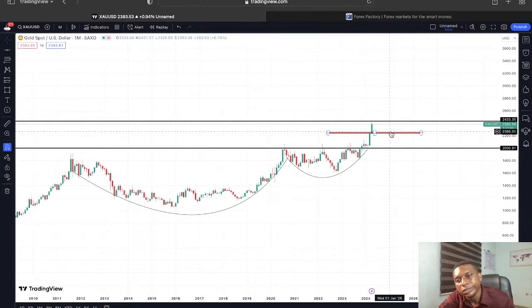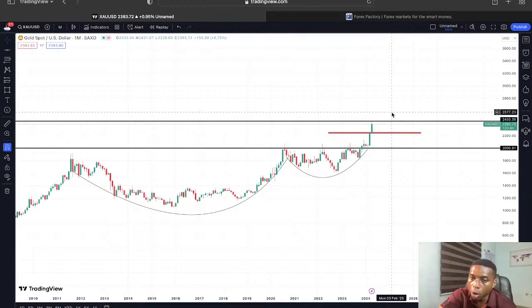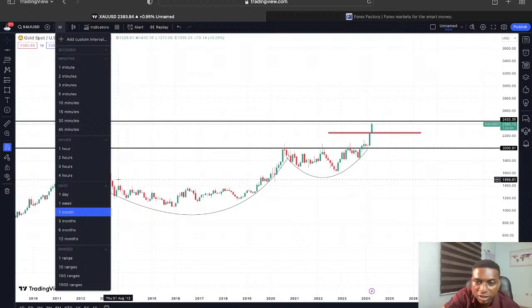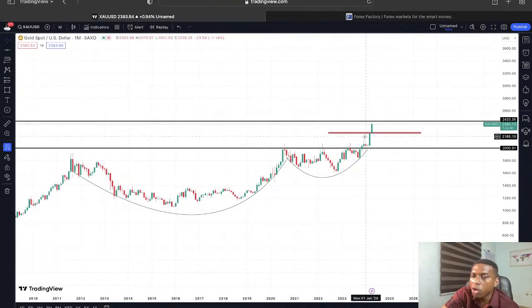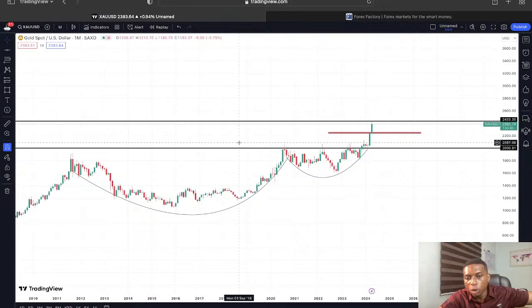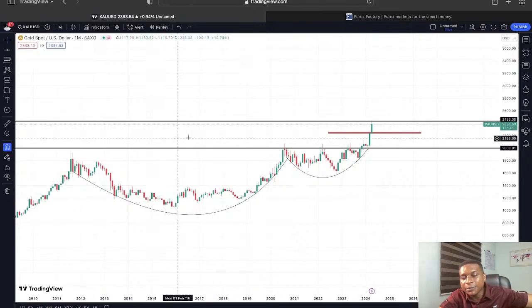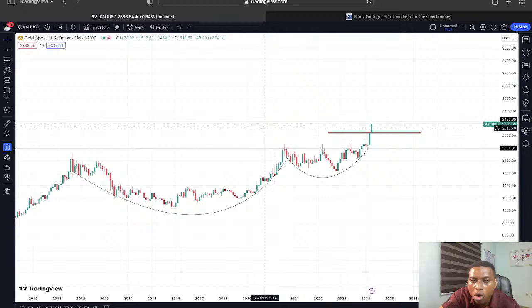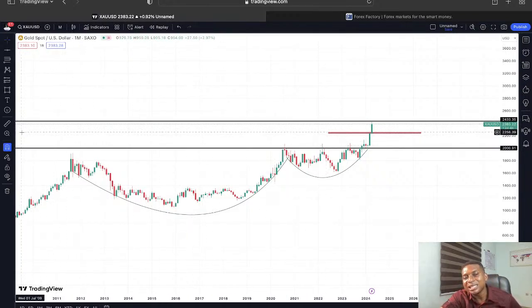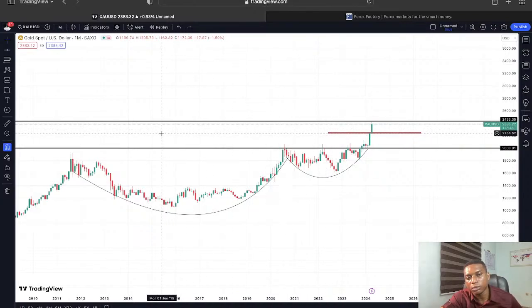Now, what I'm expecting on gold is a pullback, because gold is at a region where, when you look to the left, there has not been any time where price had touched that region before.